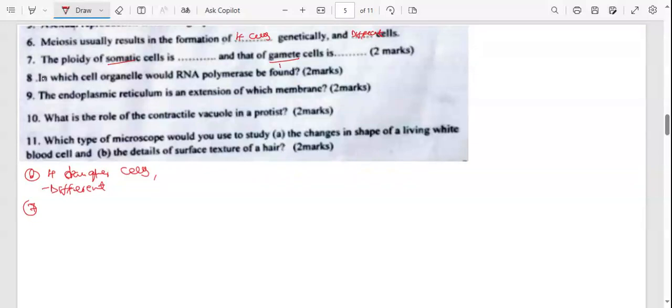Since mitosis forms two daughter cells with an equal number of chromosomes, the result will be diploid. But this one will be just half, so we'll call it haploid.